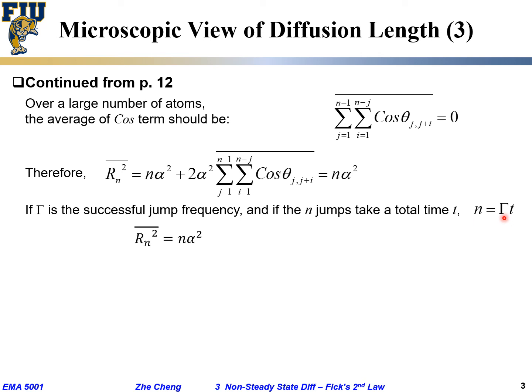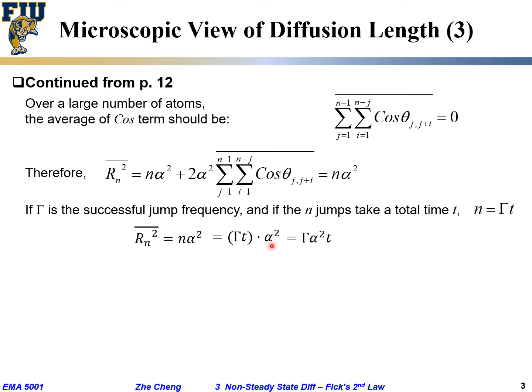If this is what we have, again, Rn squared average is n alpha squared. Now we are going to rewrite n as gamma t. So we rewrite n as gamma t times alpha squared, and we rearrange.